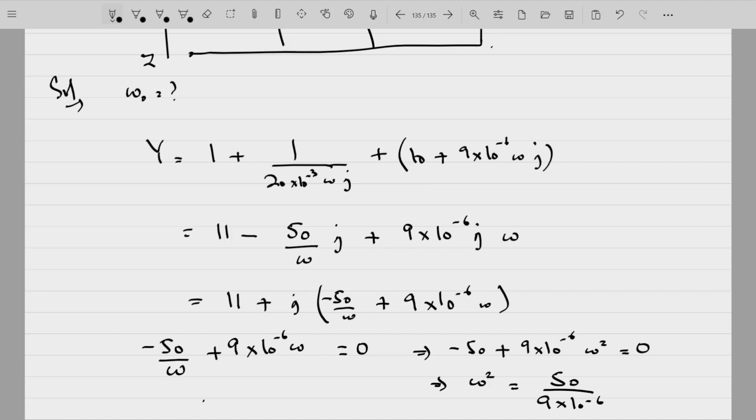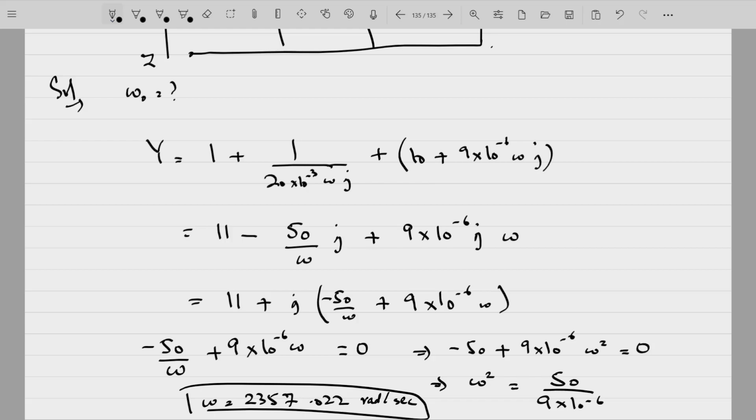So omega is equal to 2357.022 radians per second. Plus minus, this resonant frequency cannot be negative, so we'll only be taking the positive value. So omega is equal to 2357, or you can say 2.357 kiloradians per second.